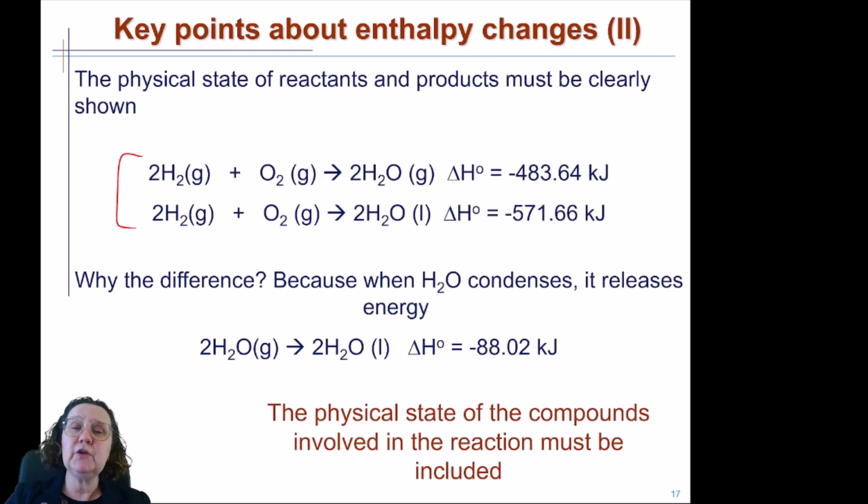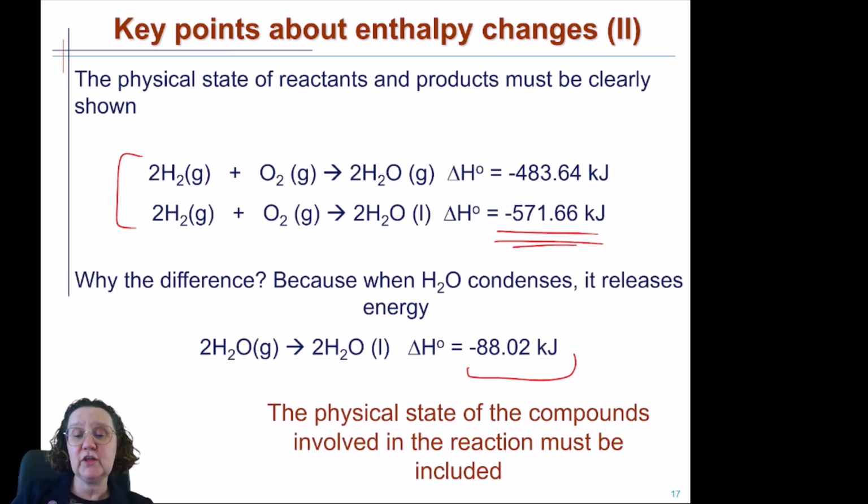And why? Because changes in the state of matter from solid to liquid or liquid to gas or the other way around involve energy changes. So when you condense water, when water moves from gas to liquid form, that's an exothermic process, and a certain amount of energy is released, and that is this minus 88.02 kilojoules embedded in this value.